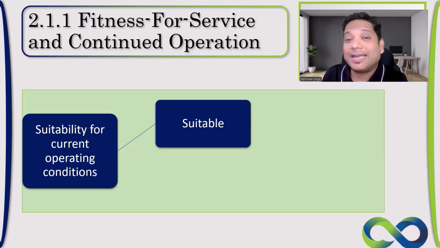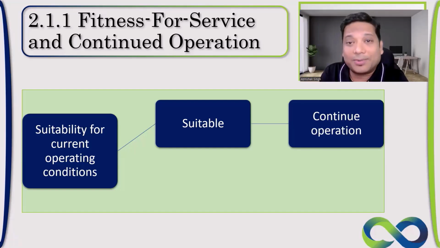Definitely, if found suitable, it's good till the next shutdown. So you don't have to be worried about repairing or replacing. Nothing has to be done. You calculate the remaining life so that you are aware of the timeline till which you can operate this, and then continue monitoring. Good for operation. You don't have to make any change in the running parameters, nothing.